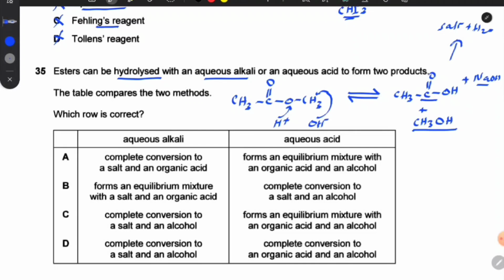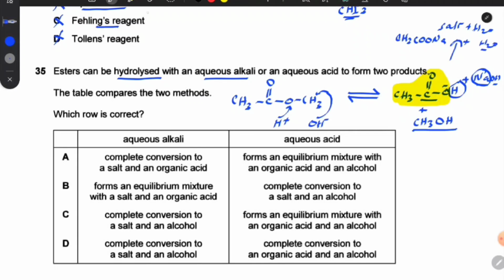So what would be the salt? This part with negative oxygen will attach with this sodium which is positively charged, so you will get CH3COONa, a salt, and H and OH will combine to give you a water molecule. So these two are the products.